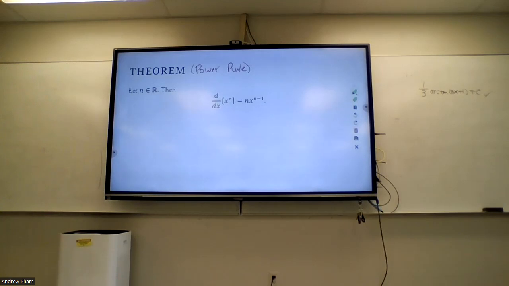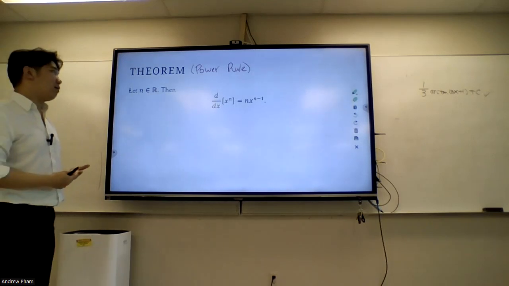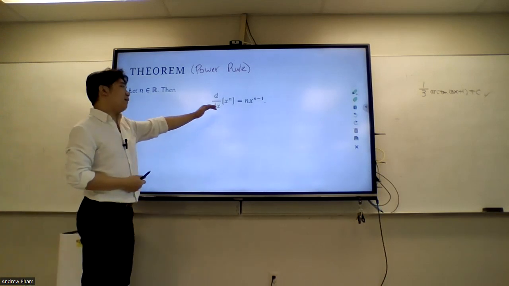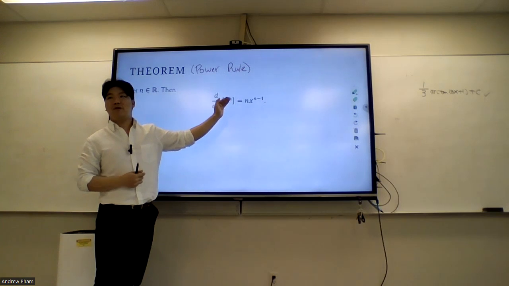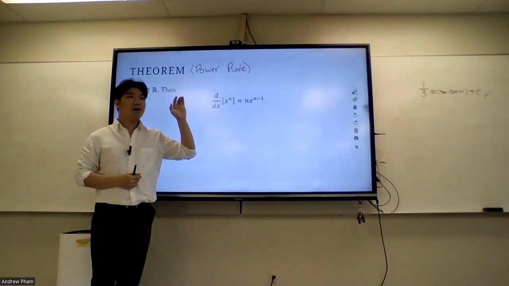So the derivative of x to the n power, where n is a number, is n times x to the n minus 1. But you're rarely going to hear me say that directly like that. Rather, you're going to hear me call the power rule saying, if I want the derivative of x to a power, we're going to drop the power and reduce it by 1.